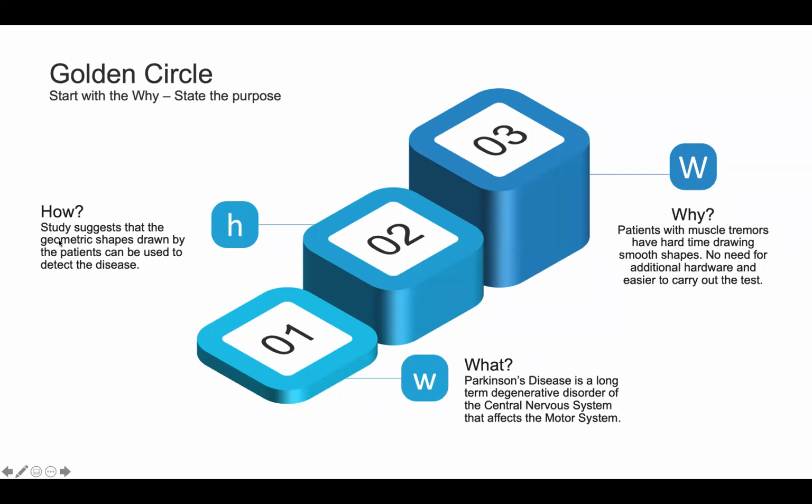There were some studies that suggested that geometric shapes drawn by patients who have an onset of this disease will have certain changes in those images that you can make use of to say whether this particular person has Parkinson's disease or not. And why is this useful? Because patients with Parkinson's disease will have muscle tremors, and they will have a hard time drawing smooth shapes.